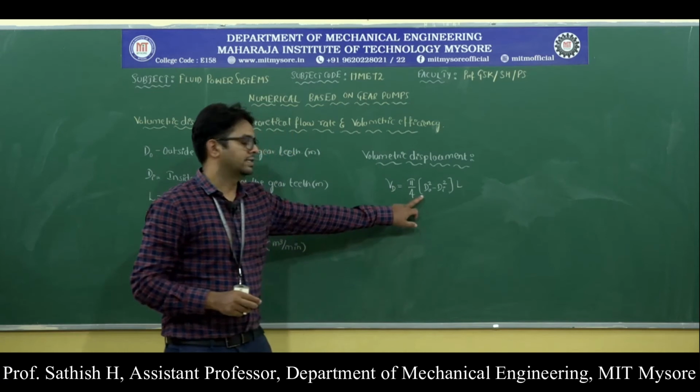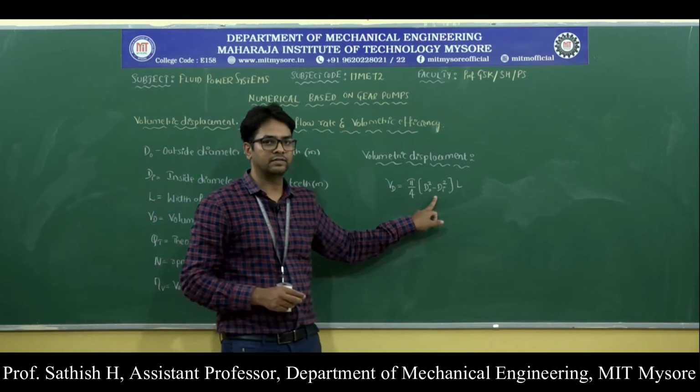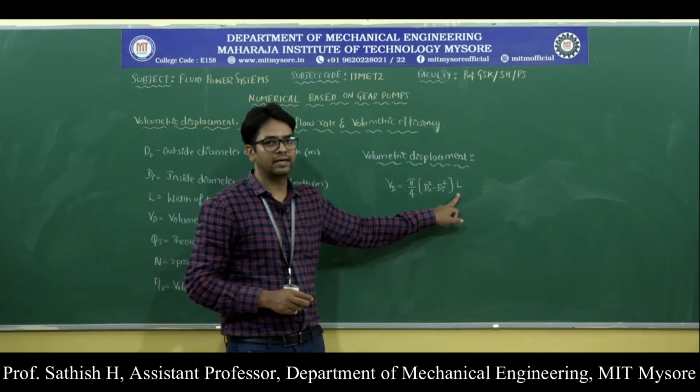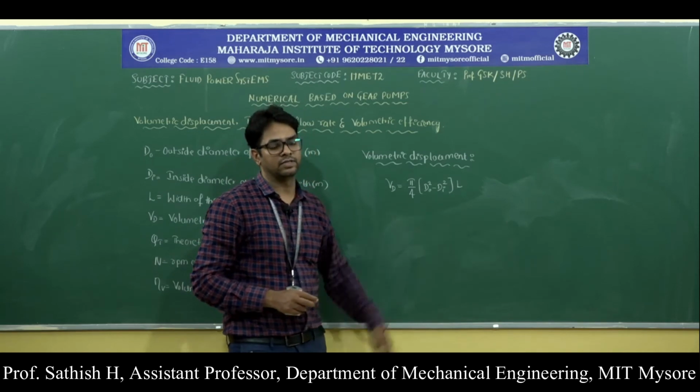That is, d naught is the outside diameter of the gear teeth, di is the inside diameter of the gear teeth, and we are multiplying that with the length of the gear teeth. This is the expression for the volumetric displacement.